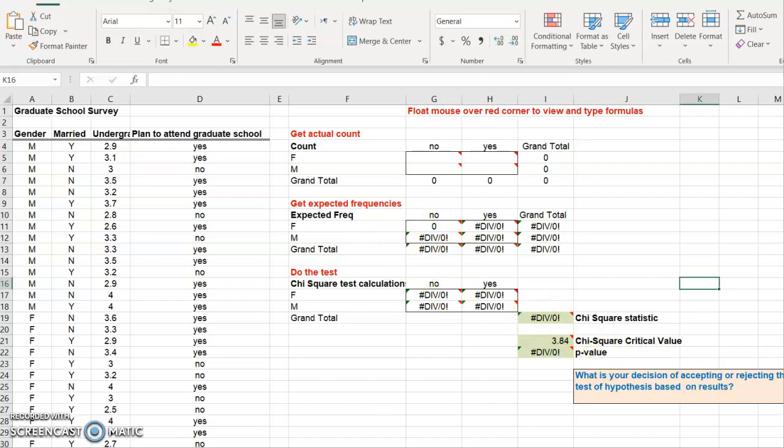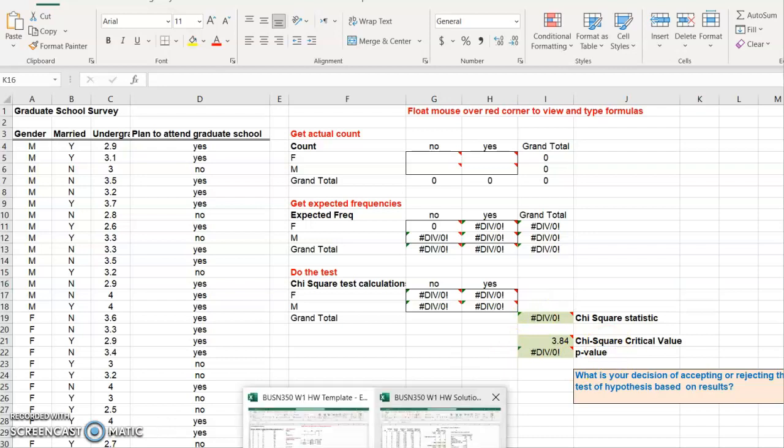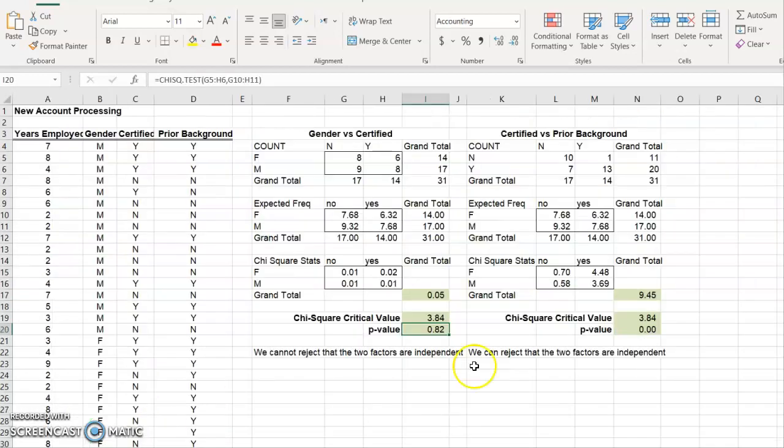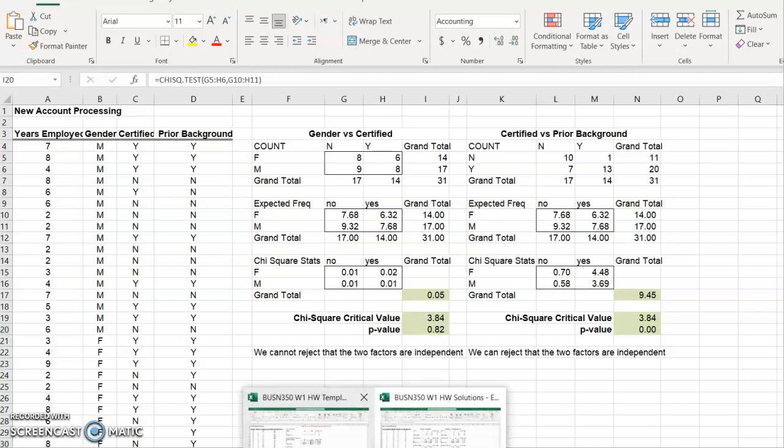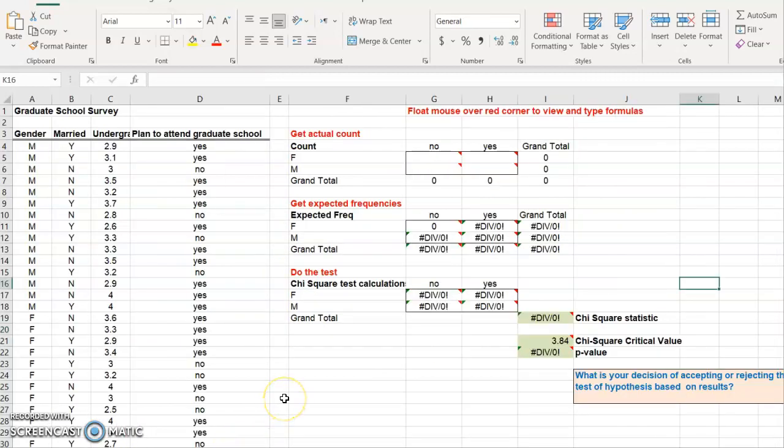Your table, once filled, would look like this. So the table here will be filled, and you will make the comparison and make the decision on that as well. So this is it in a nutshell, how you approach the solution.